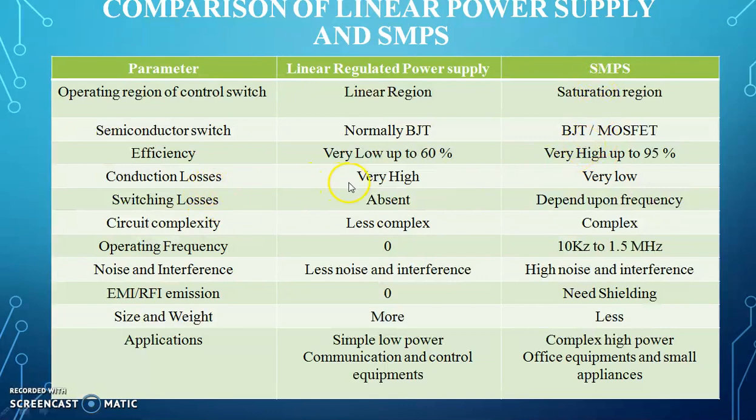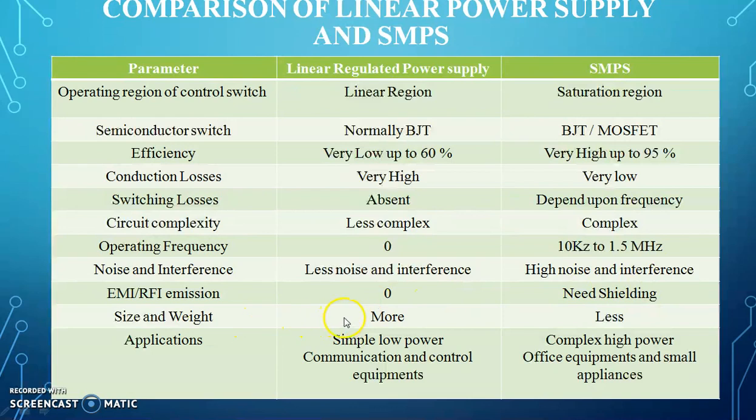The conduction losses are high for LRPS and they are low for SMPS. The circuit is less complex for LRPS, whereas it is much more complex for SMPS. Operating frequency for LRPS is 0. For SMPS it is 10 kHz to 1.5 MHz. There is less noise and interference in LRPS compared to SMPS, which has high noise and interference.